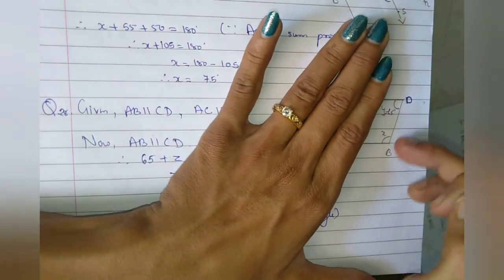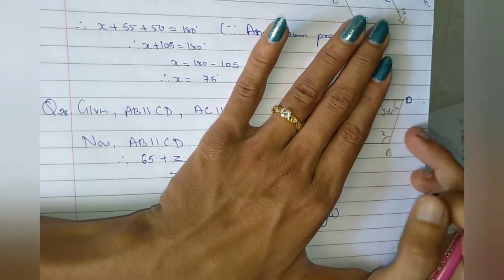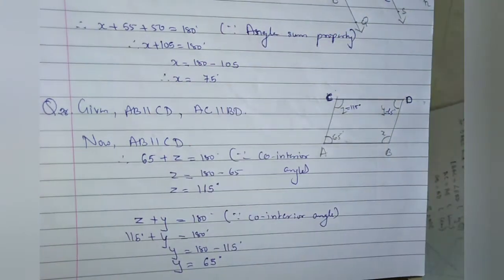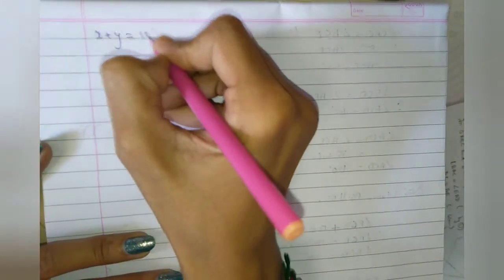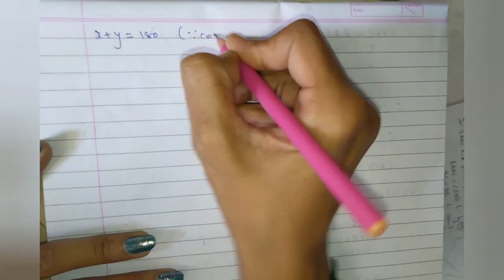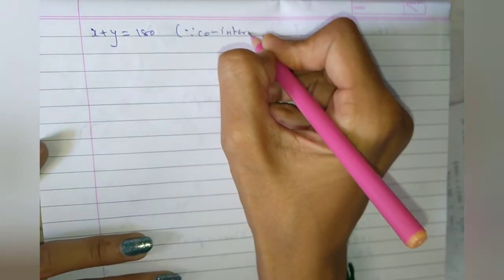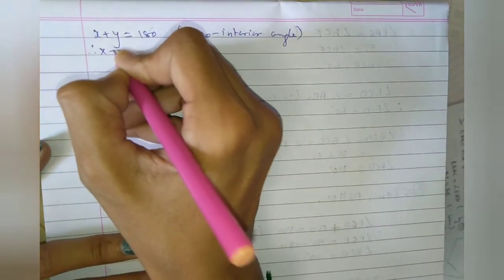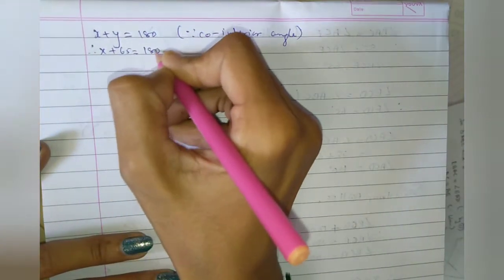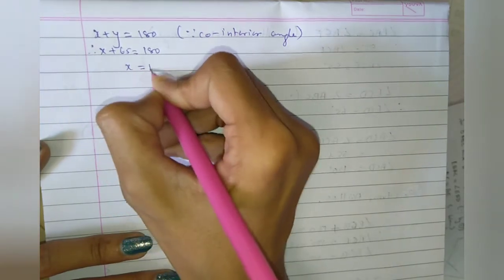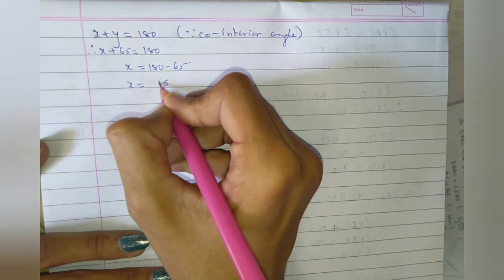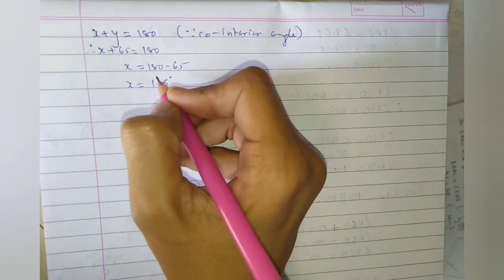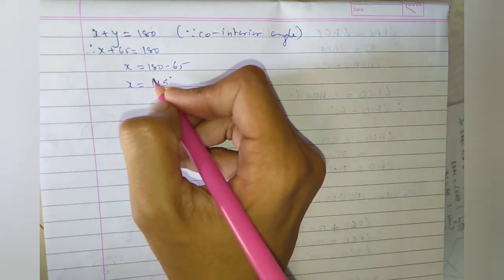Again we have this co-interior angle, so X plus Y equals 180. We write X plus Y equals 180 because of co-interior angle. So therefore X plus 65 equals 180, so X equals 180 minus 65. So X equals 115. So 115 is the answer.